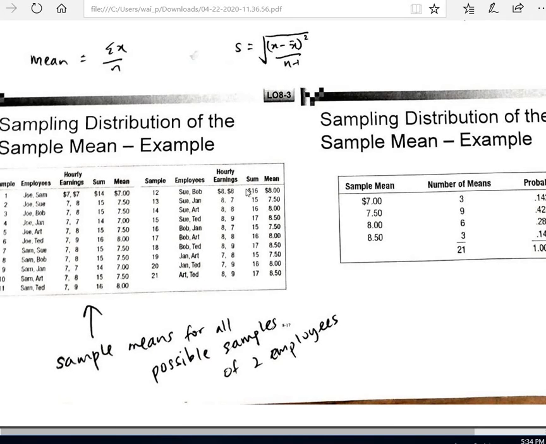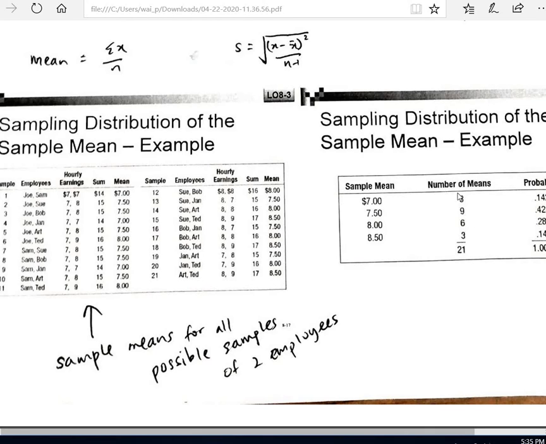If the question asks to report the sampling distribution of the sample mean, we have to report like this. And how we calculate this sample mean is, for Joe, we know that the hourly earning is $7. Sam, 7. So 7 plus 7 divided by 2, we get 7.